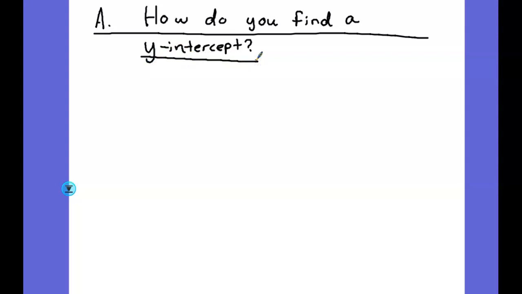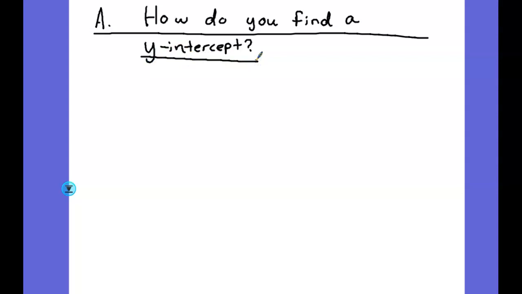So let's begin. So how do you find a y-intercept?